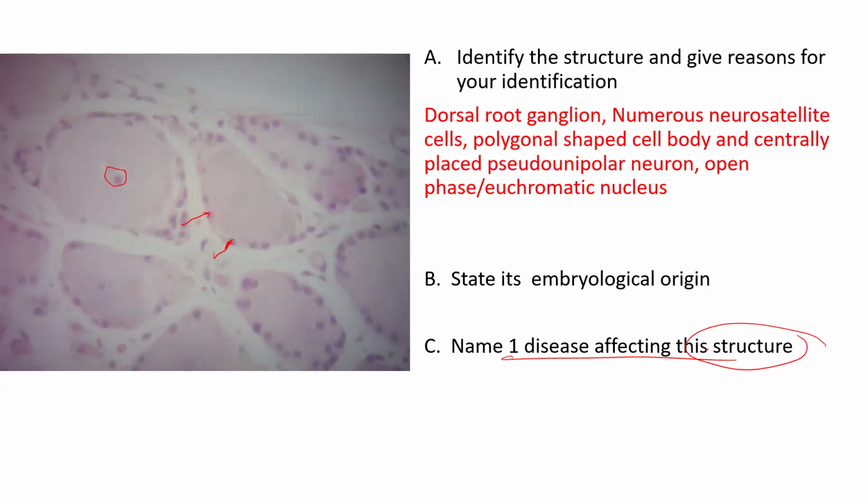HIV, no. Herpes zoster, okay. Anything else? Polio, no. Polio has no business with your sensory neurons. Polio has business with your anterior horn cells.